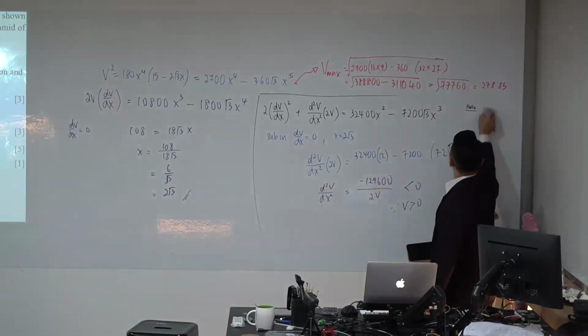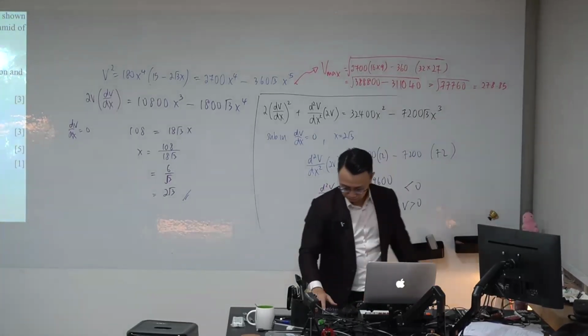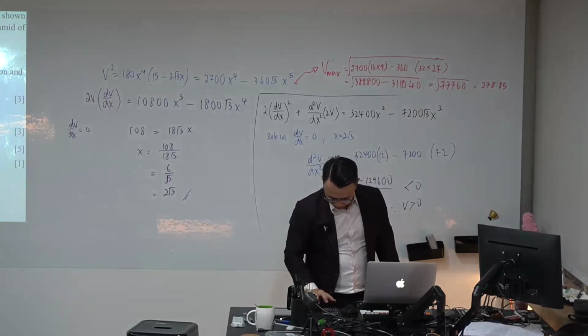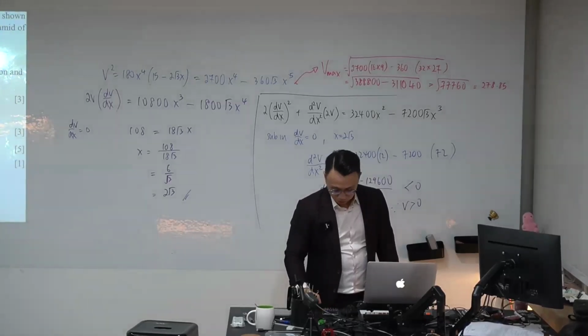Can be nice number, right? 77760. Can divide by 60 or the sum is divisible by 1296 eh. 1296 is square root, right? Square root 1296 is 36. So can be 36, 60. 60 can square root. 60 can take out 4, right? So it's 2.